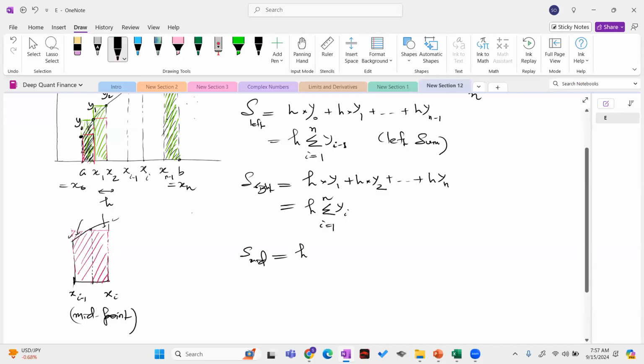Who can tell me? H times what? Is it going to be, so here's a tricky question. Pay attention. Should I write H times y0 plus y1 divided by 2 or something else? What is the first area if I use the midpoint rule?